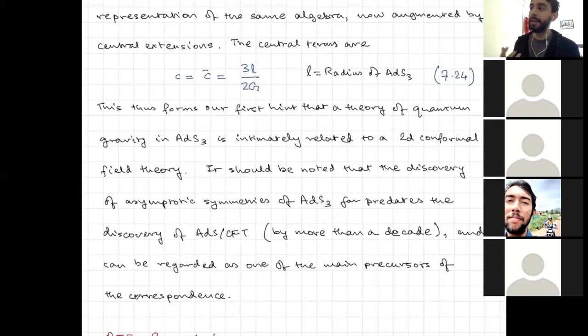You remember that in a two-dimensional CFT, the only globally well defined things were L0 and L plus minus 1, and those remain the isometries of three-dimensional AdS. Once you go near the boundary of AdS, all this infinite dimensional symmetry starts to emerge.